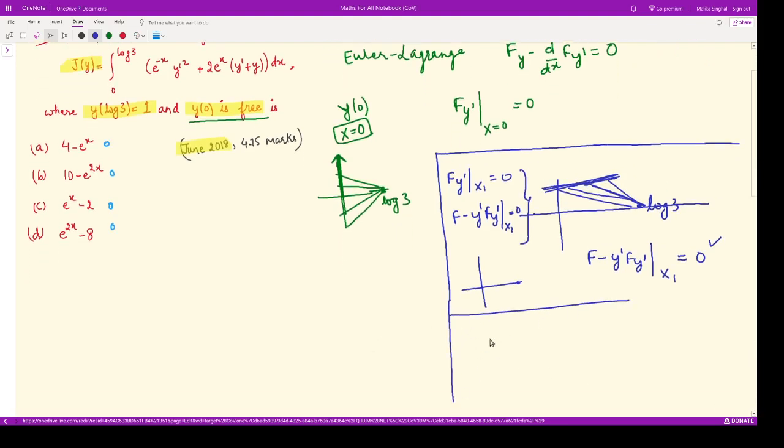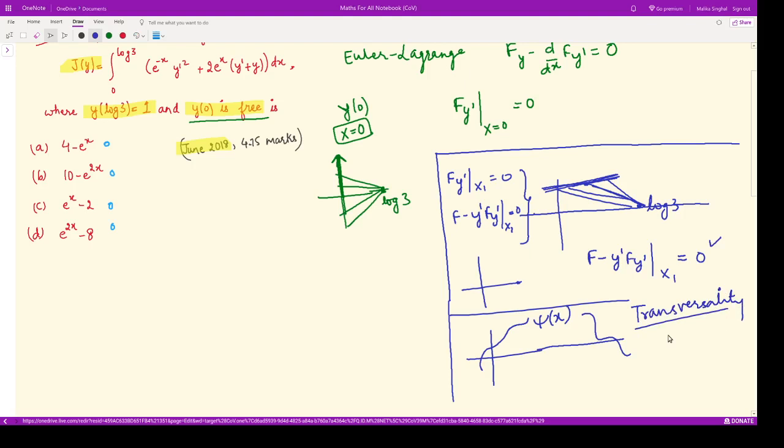If they have specified that your extremal moves on a certain curve, say this, if the left endpoint is moving along a certain curve or the right endpoint is moving along a certain curve, then your conditions, known as transversality conditions, are specified.